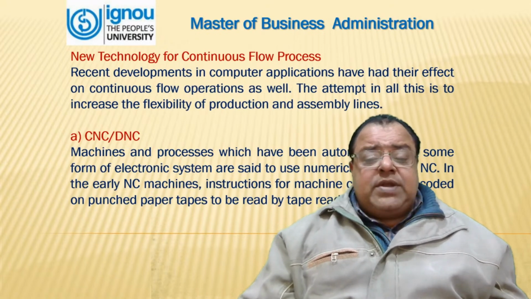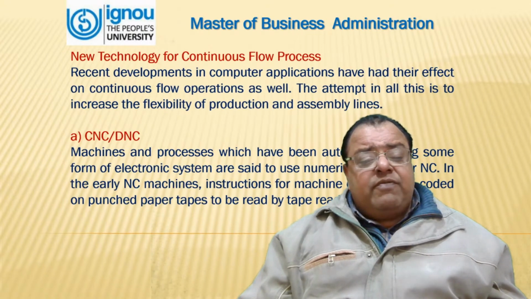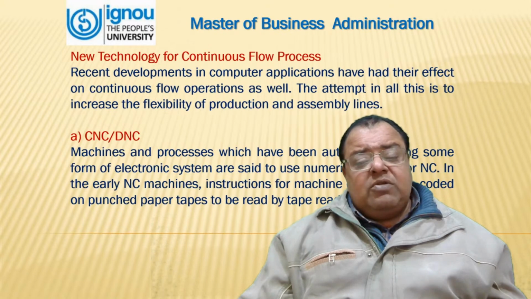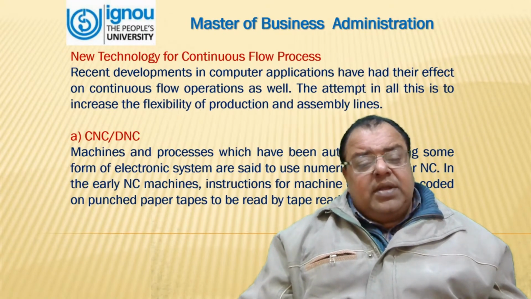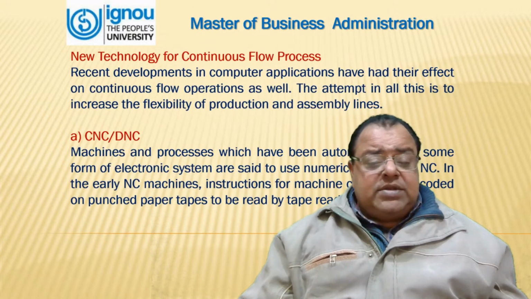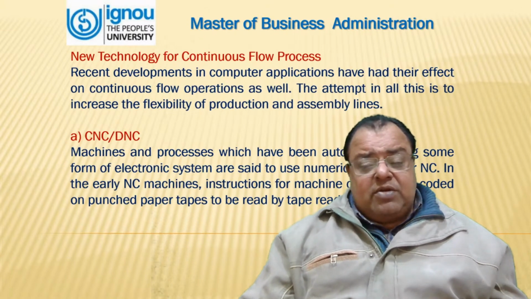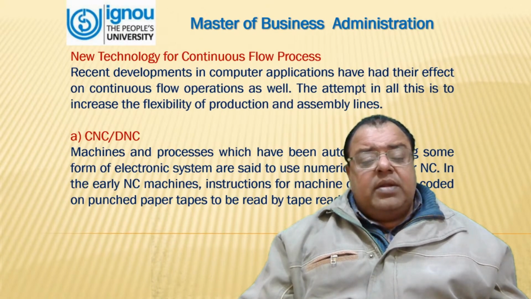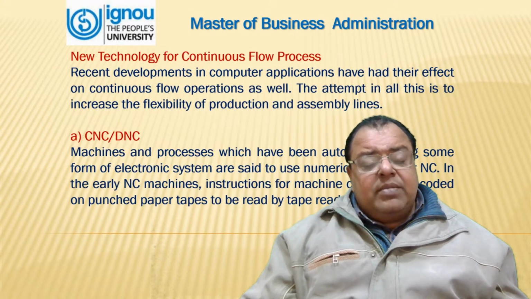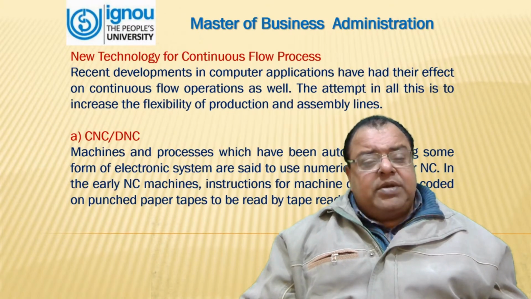Machines and processes which have been automated using some form of electronic systems are said to use numeric control, or NC. In the early NC machines, instructions for machine control were coded on punched paper tapes so as to read them as per the requirement.